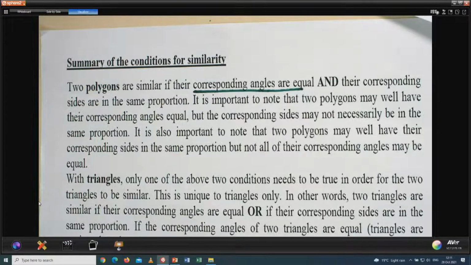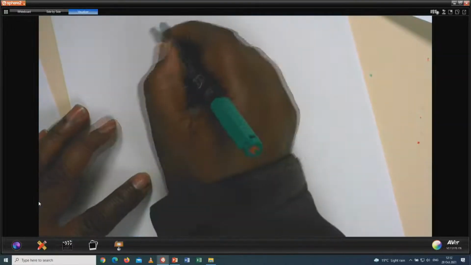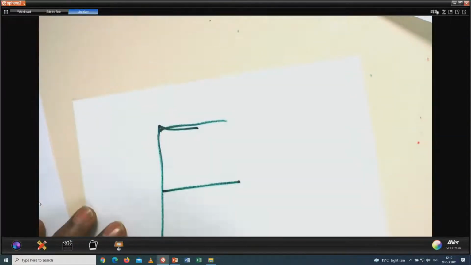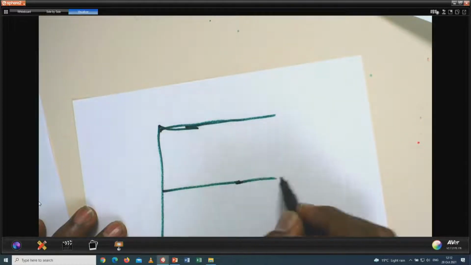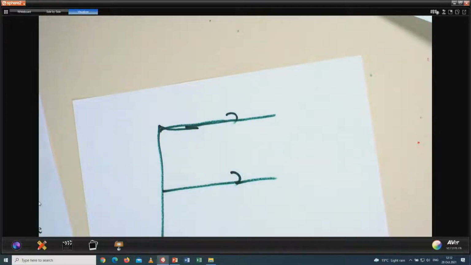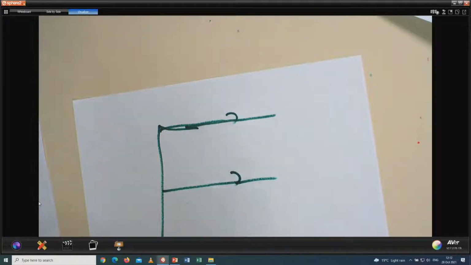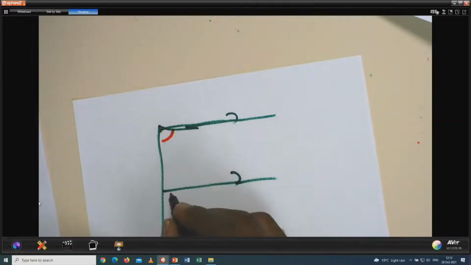Let me remind you, when you go to parallel lines, when you speak about corresponding angles, if the sides are parallel, let's remind ourselves about this corresponding angle. We are talking about this angle and this angle.